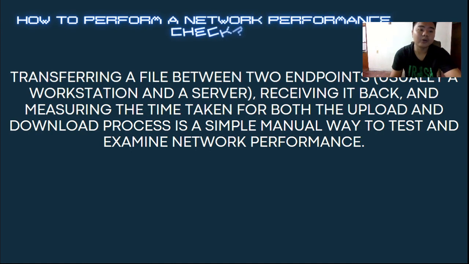Next, how to perform a network performance check or test. Transferring a file between two endpoints, usually a workstation and server, receiving it back, and measuring the time taken for both the upload and download process is a simple manual way to test and examine network performance.